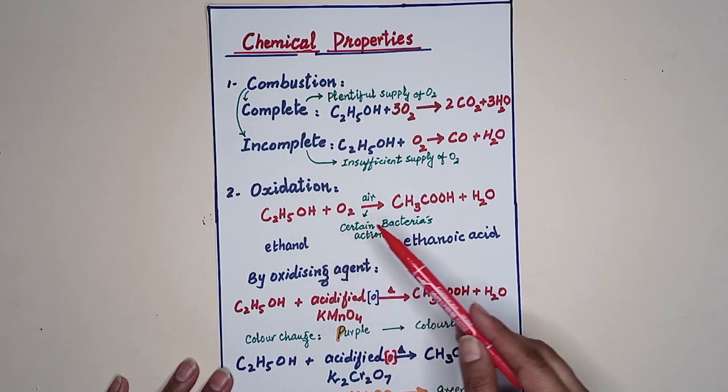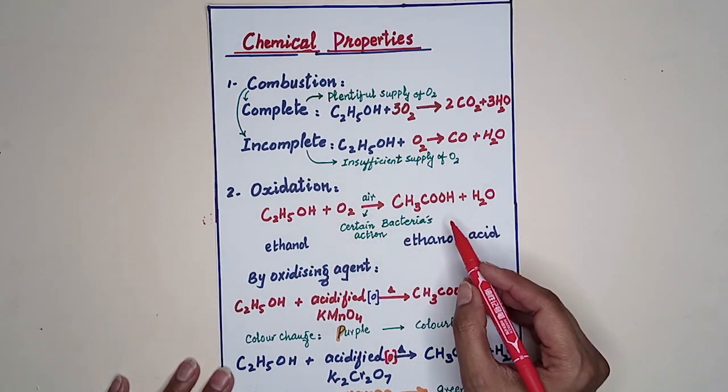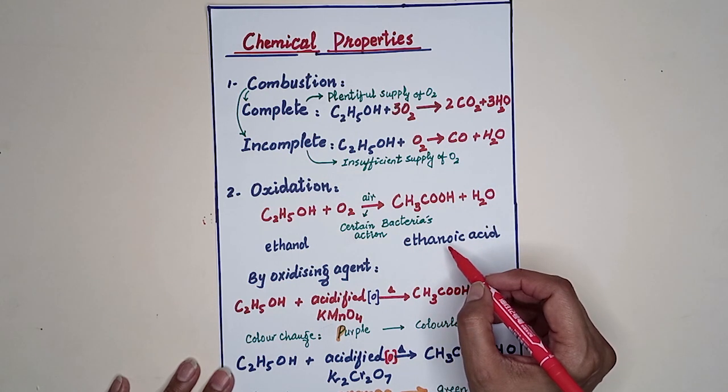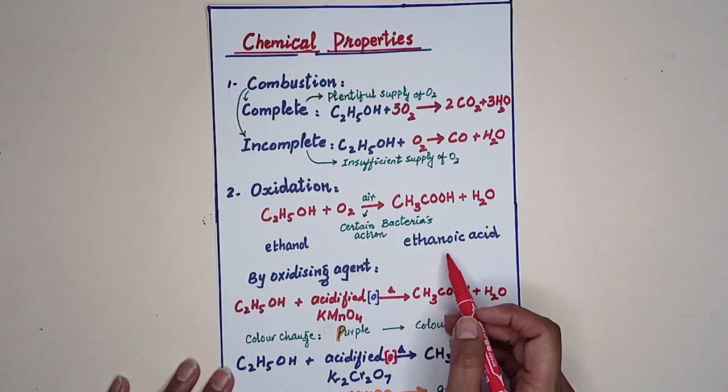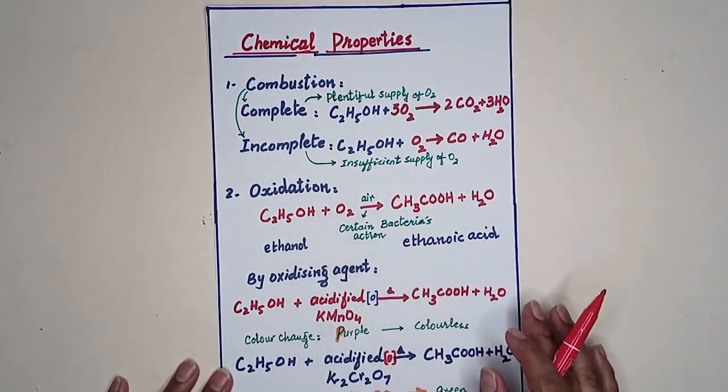Next, oxidation of alcohol. If we expose it to air, it turns sour in taste. Why? Because it forms a carboxylic acid, that is ethanoic acid. Ethanol forms ethanoic acid in the presence of air when certain bacteria act on this alcohol.